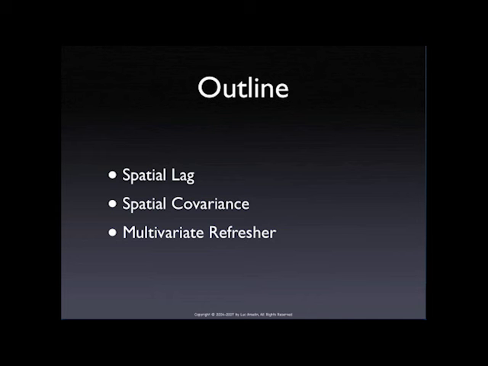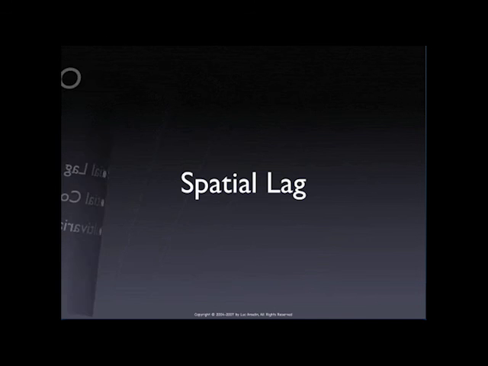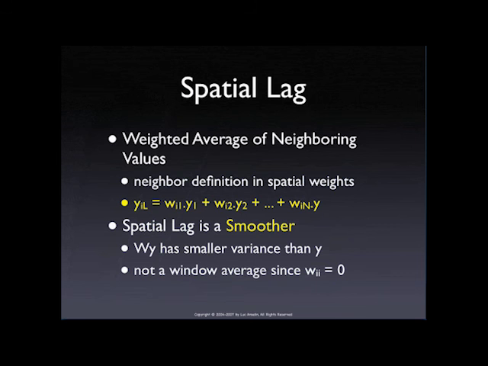So let's start with the notion of a spatial lag, or a spatially lagged variable. Yesterday we saw the notion of a spatial weights matrix, which was a formal way to express which locations were neighboring each other. We had this matrix of the dimensions of the data set, n by n, whose elements w_ij specified whether or not i and j were neighbors.